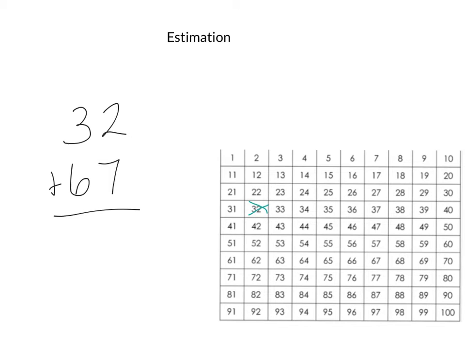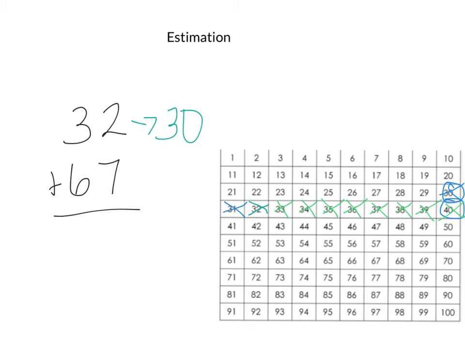I need to think, is 32 closer to 30 or 40? If I do my counts, 30 is 1, 2 away. 40 is 1, 2, 3, 4, 5, 6, 7, 8 numbers away. So I am going to round 32 to 30. It's a lot closer.